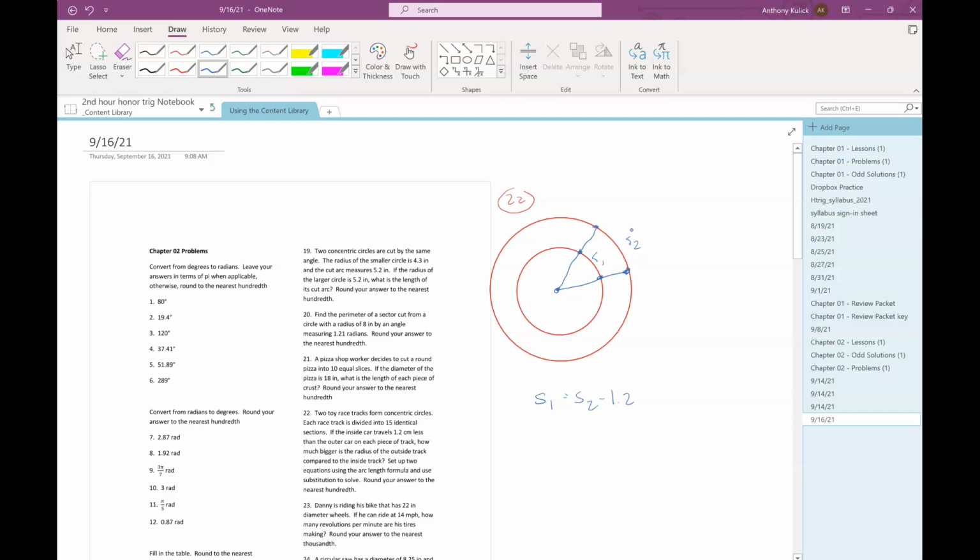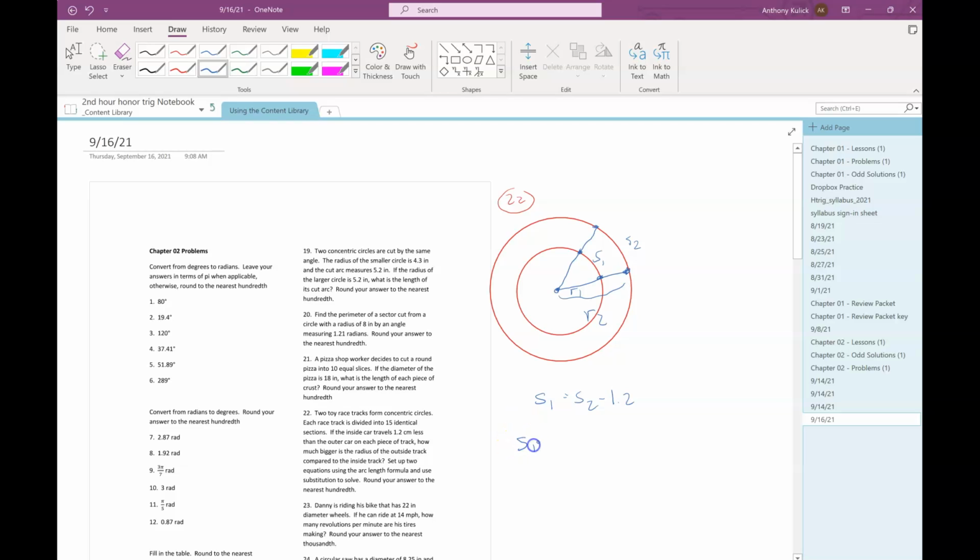How much bigger is the radius of the outside track than the radius of the inside track? Set up two equations using the arc length formula and use substitution to solve. Round your answer to the nearest hundredth.